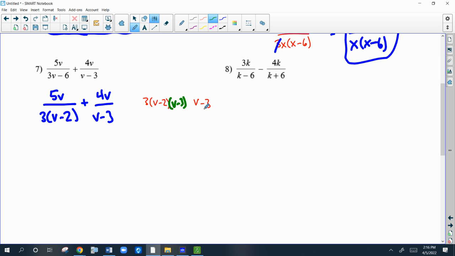The second one is now going to need the 3 and a v minus 2. So when I attempt to get the common denominator here on this first one, I need to multiply v minus 3 over v minus 3.